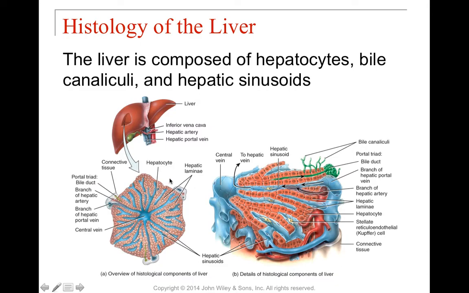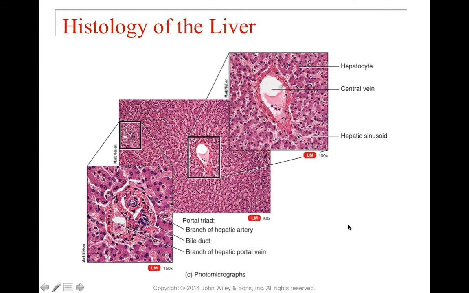Inside here we have a bunch of hepatocytes, which form these hepatic laminae, and in between them we have the hepatic sinusoids. So the regions that are spaces are going to be sinusoids, and the regions that are going to have the cells are going to be the hepatic laminae. The cells themselves are called hepatocytes. We also have specialized cells here that are shown here in yellow. These are the Kupffer cells, or the stellate cells, and then that's all surrounded by connective tissue.